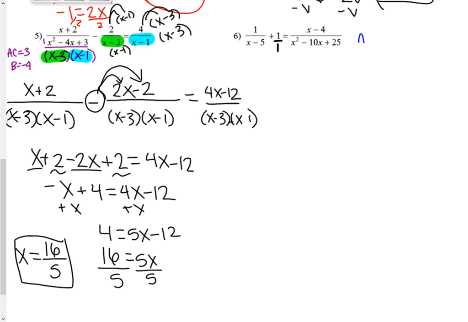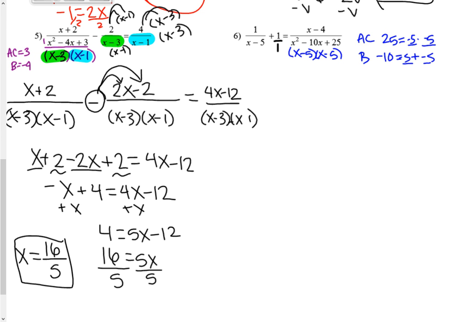So I'm looking for 2 numbers that multiply to 25, and those same 2 numbers have to add to that negative 10. So it's going to be negative 5 and negative 5. So this factors to x minus 5, x minus 5.